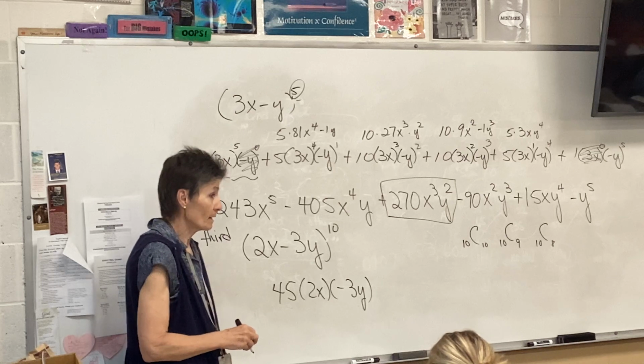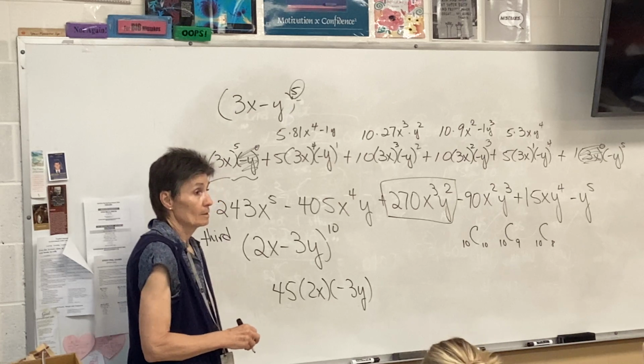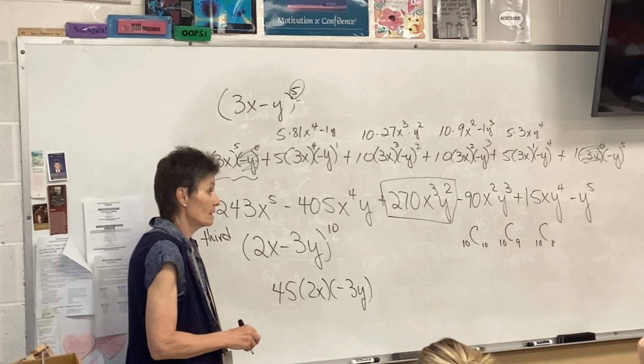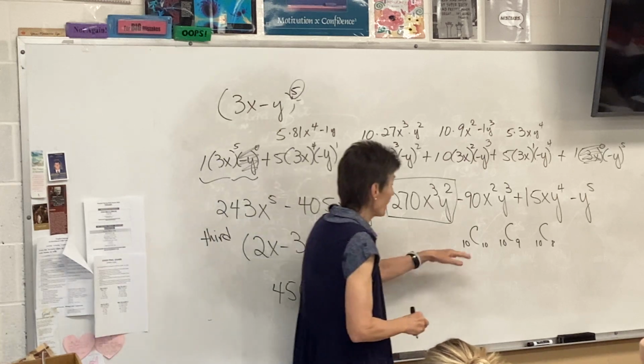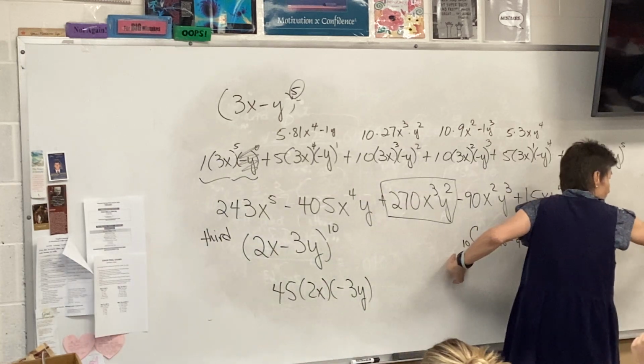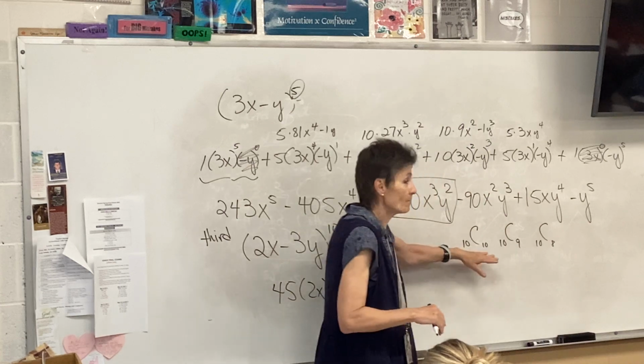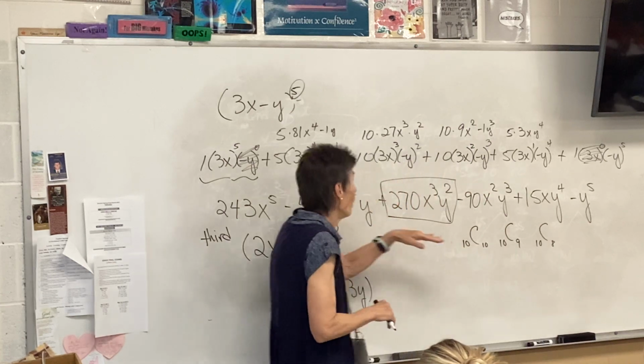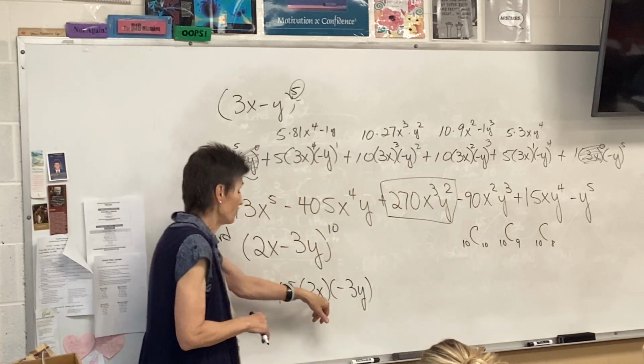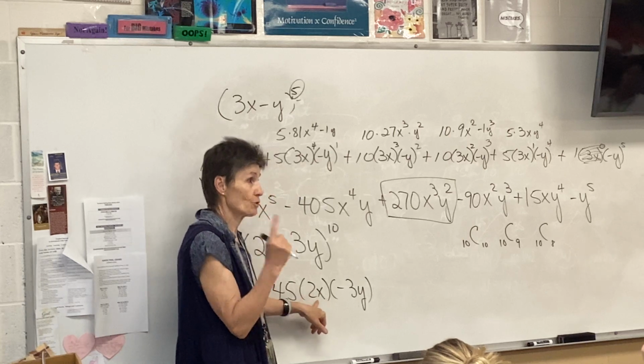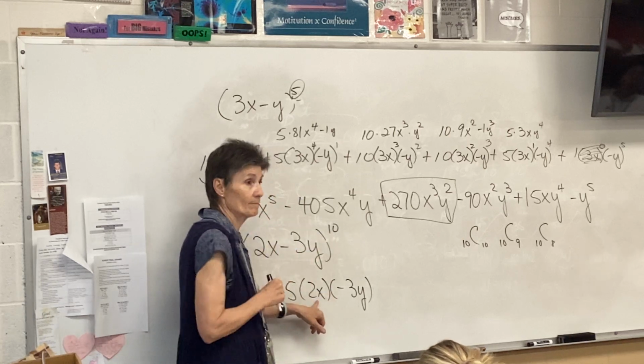And then what's the only thing left to do? Exponents. Now, if I wrote out the whole thing, there'd be a whole bunch of them. In the first term, what would the power on the 2x be? In the first term, it would be 10.